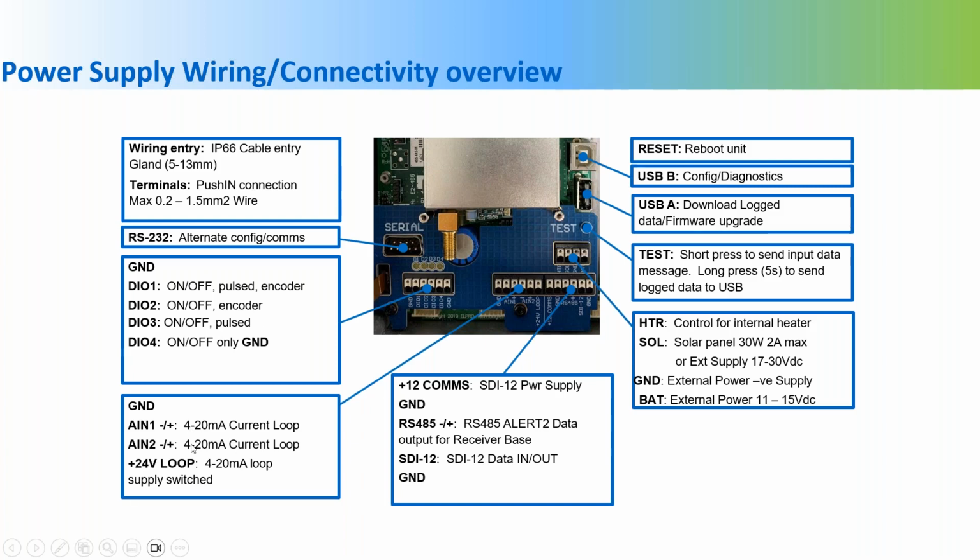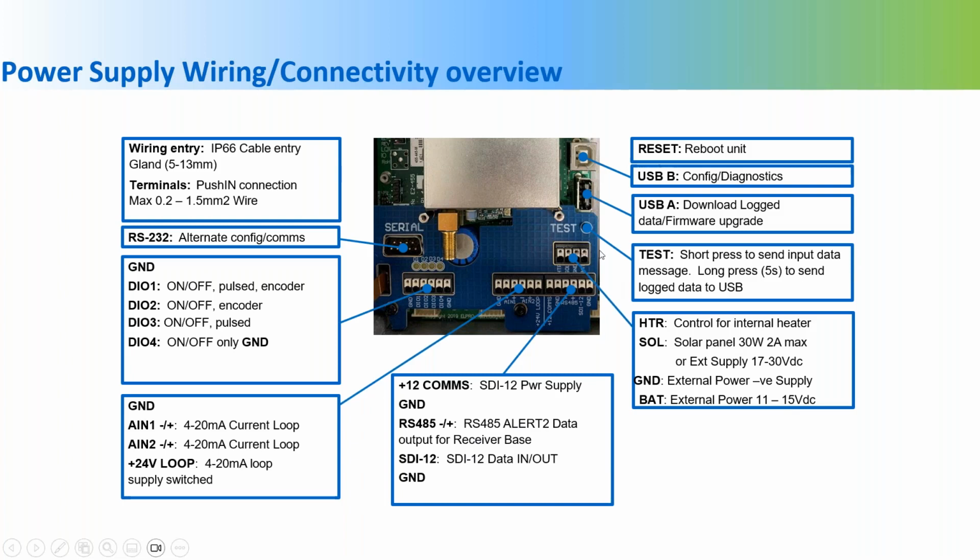It has 2 analog inputs with that loop power. It has the connectivity right here for the SDI 12 smart sensors. And then also, this is where I've connected the decoder to where it can communicate the ALERT2 data over RS-485.